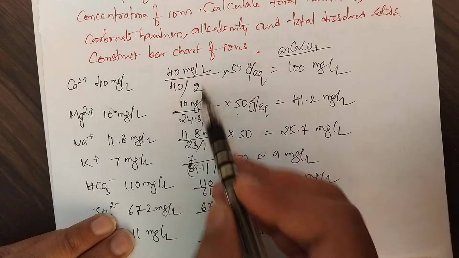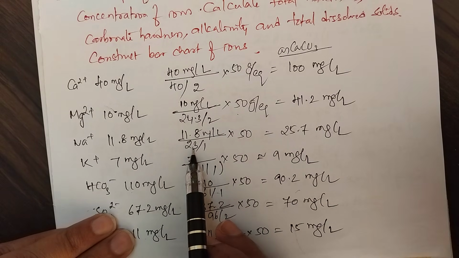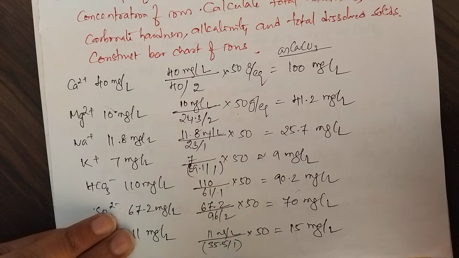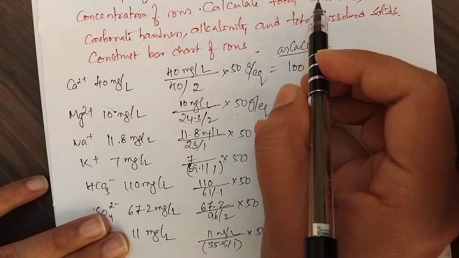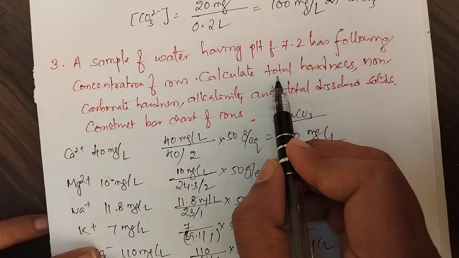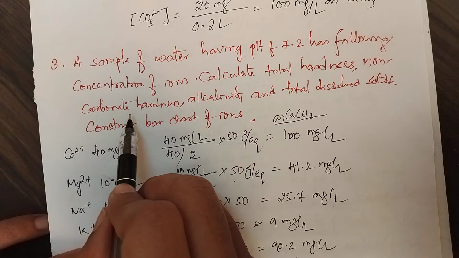All the given concentrations, you divide with equivalent weight, which is molecular weight divided by valency, and you get the concentrations as CaCO3.